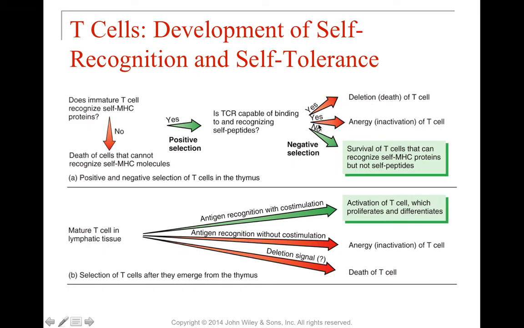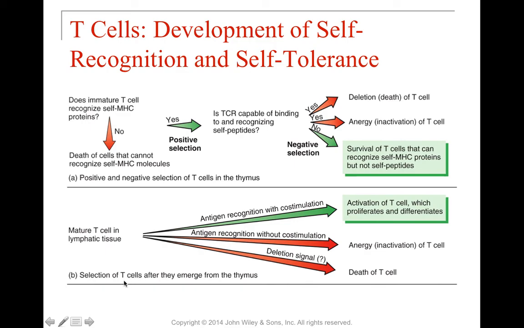And so this is a negative selective process because we don't want the T cell to have receptors capable of binding to and recognizing self-peptides. In this factor, we have a positive selection for those that are going to recognize self-MHC and a negative selection for those that are going to bind to and recognize self-peptides.